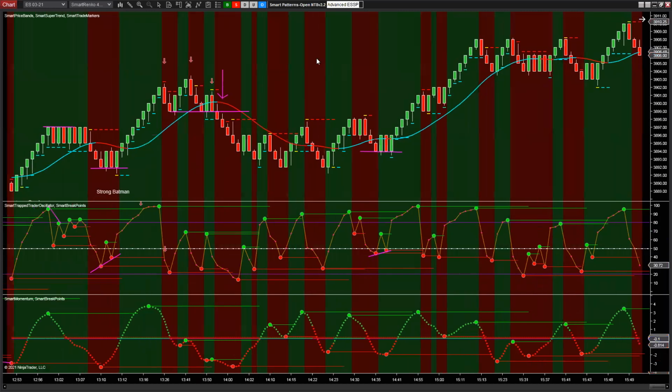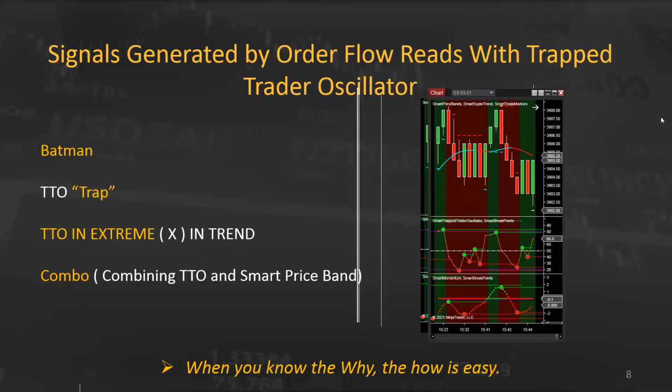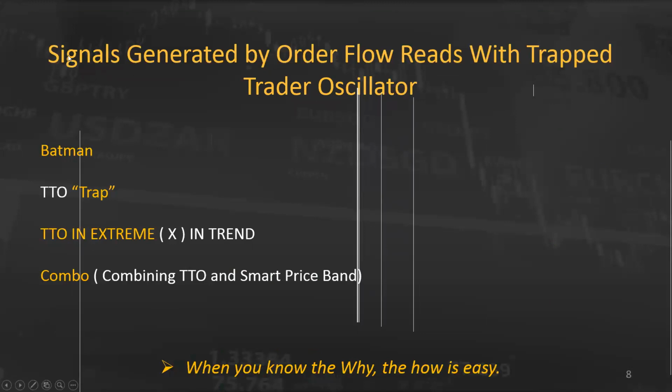That's all. It's real simple. Like Rob said, it's a real simple approach to trading. But those are those patterns, the Batman, Trap Trader Oscillator in an extreme. And then we have a single bar fake out breakout signal that is as effective as these are. So those are the patterns. Let me move that out of our way.